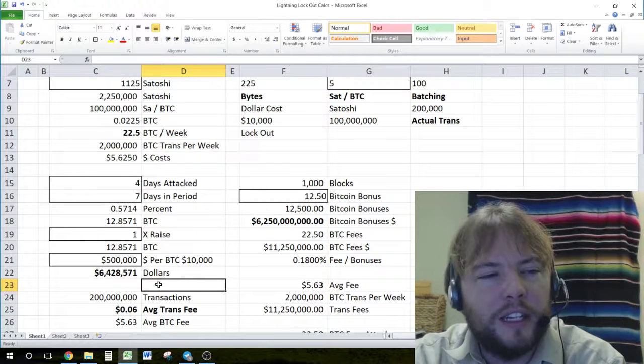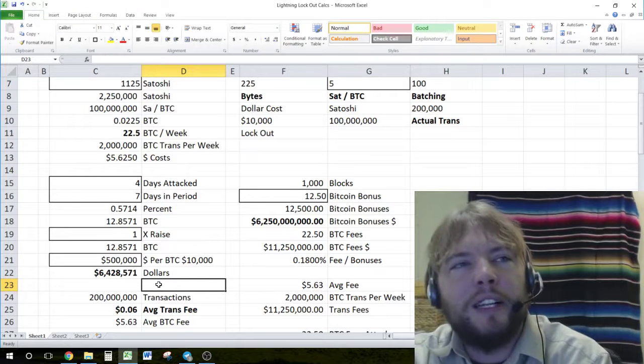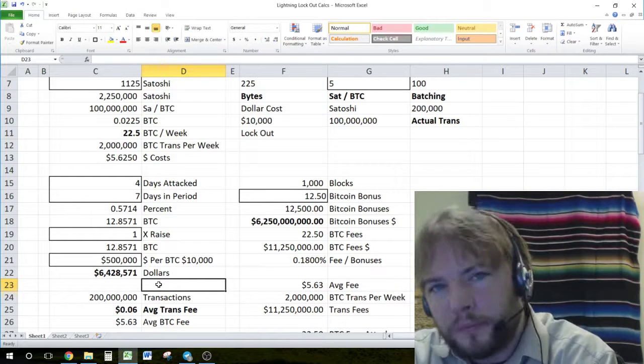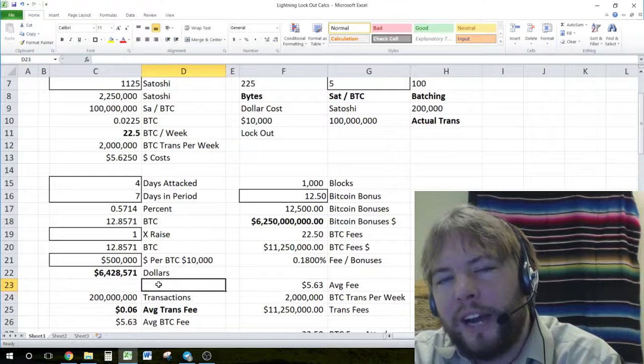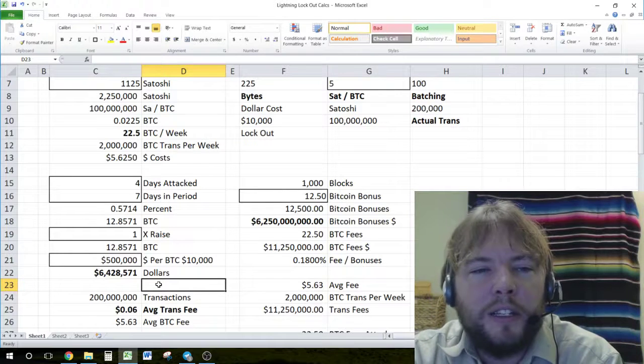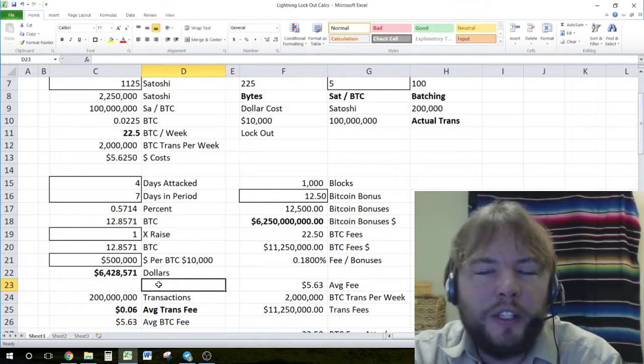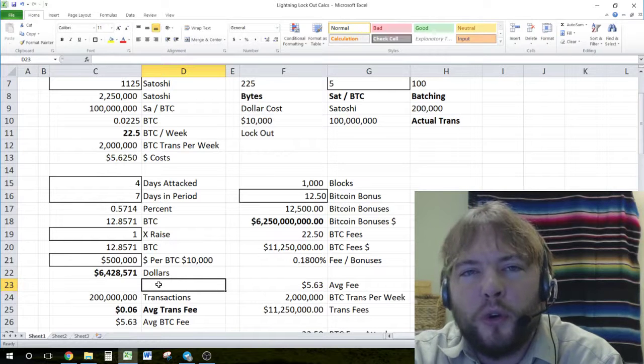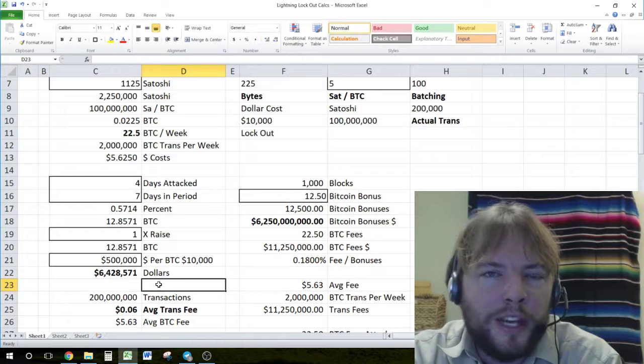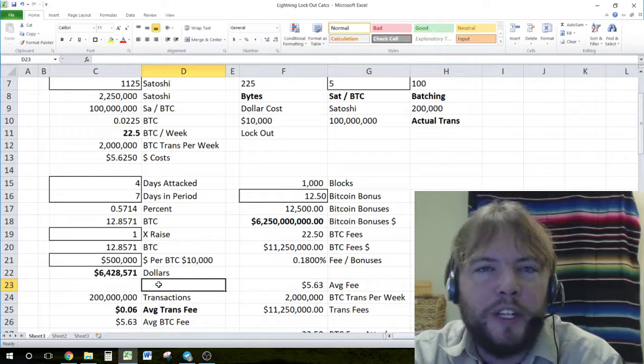So sidechains are similar to internal batching, with the main difference that you could, for example, have everyone in a town or a city such as New York use a New York sidechain, and then effectively all people in New York are batched every 10 minutes using a sidechain into the Bitcoin network.